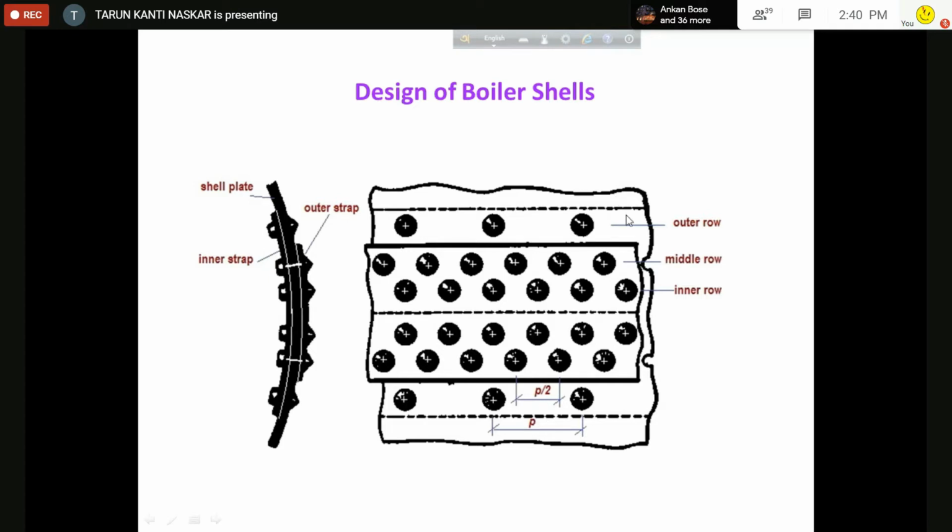So from this side there is a plate, from that side there is a plate, and they are face to face, sticking to each other at this joint. So this is the point. Now there is an outer strap, this one is the outer strap, and there is one inner strap. That means the dotted line shows the inner strap, and this is the shell plate. This outer one is the shell plate.